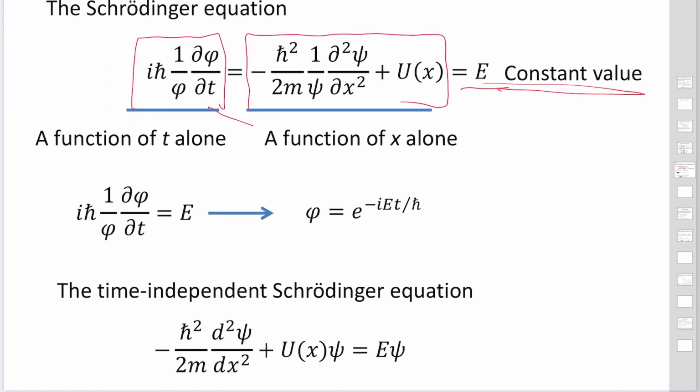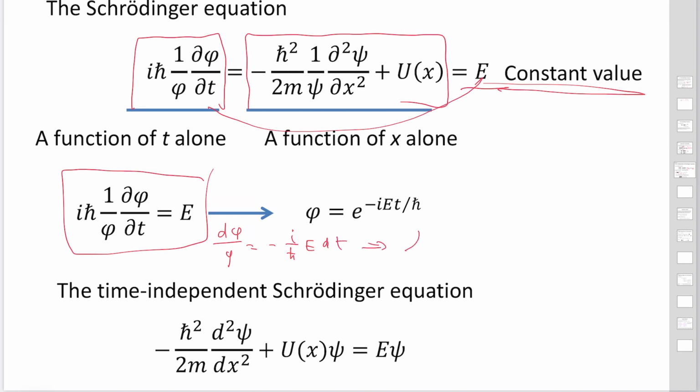From the first equation, you can find this equation, and you can easily integrate it. So this becomes d phi equals minus i E over h bar, times phi dt. From these equations, log phi equals minus i E t over h bar plus an integration constant.